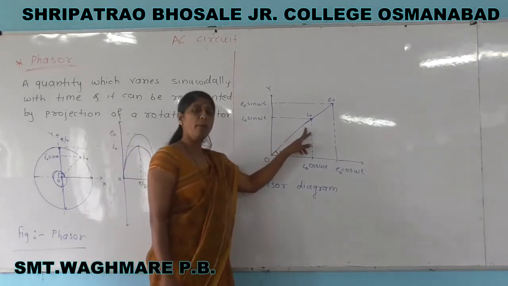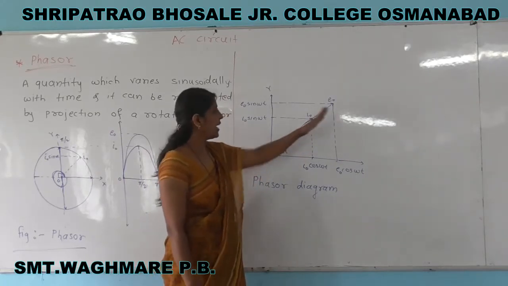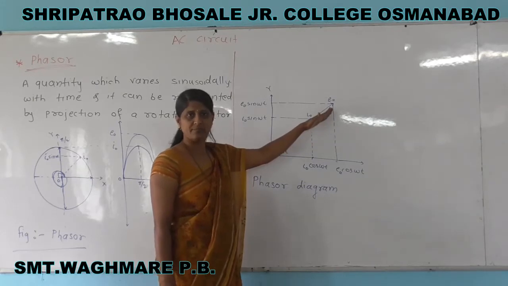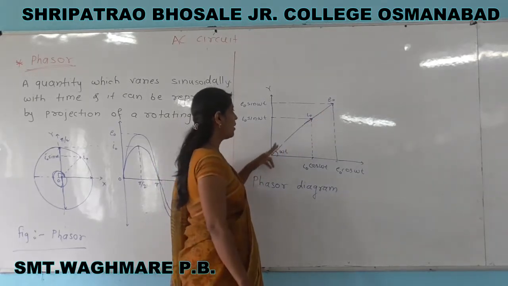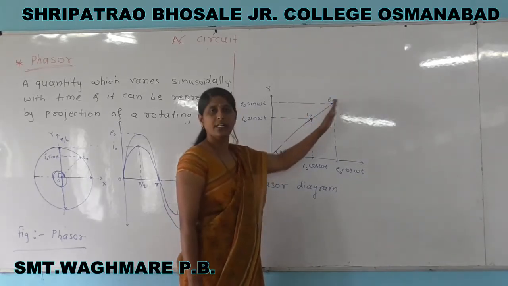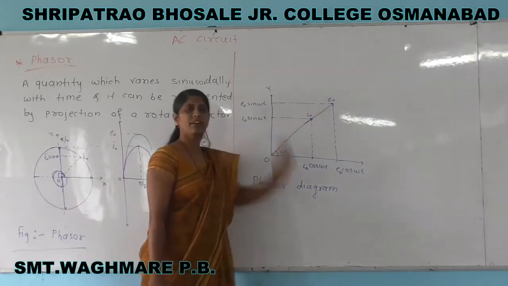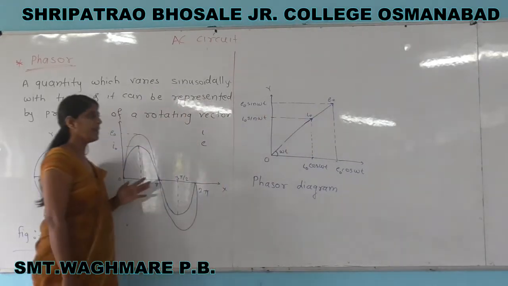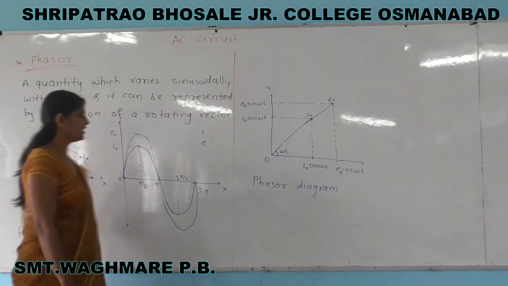There is no phase difference between the current and EMF. Both are in the same direction at every point, and therefore the direction of the vector of I naught and E naught is the same. That is, the direction of current and EMF is the same at every instant. And this diagram is called the phasor diagram.